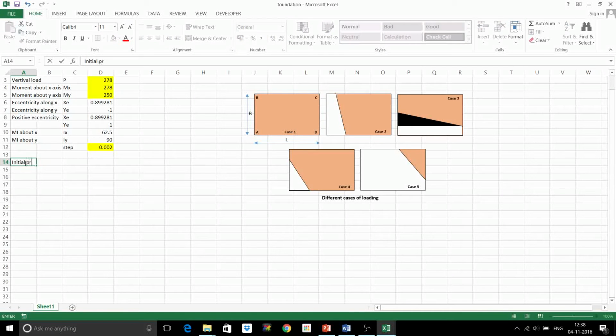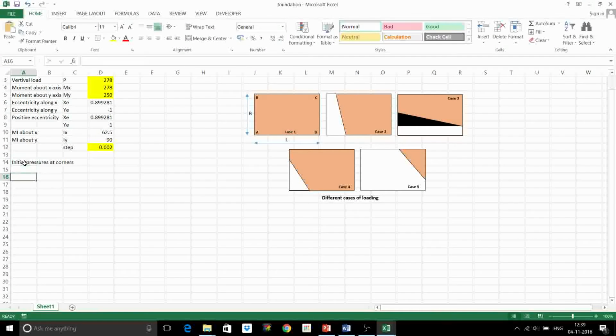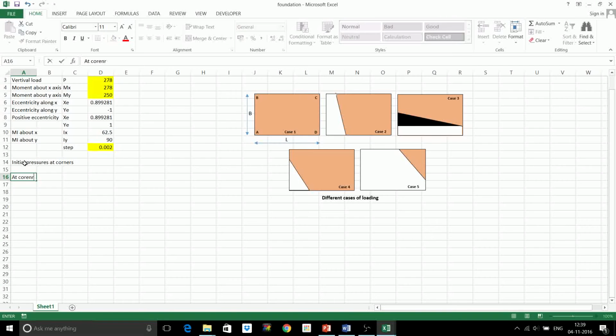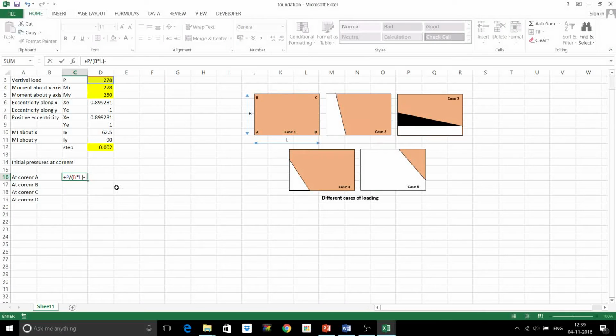So initial pressures at corners, at corner A, B, C, D is equal to P by A, means B into L, minus, I'm talking about this corner, so X and Y both are negative with respect to centroidal axis of the foundation.